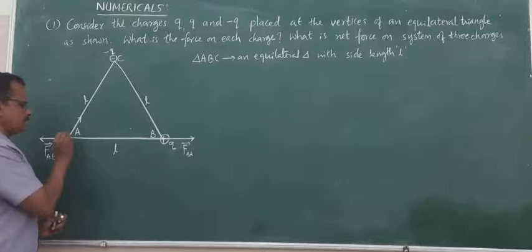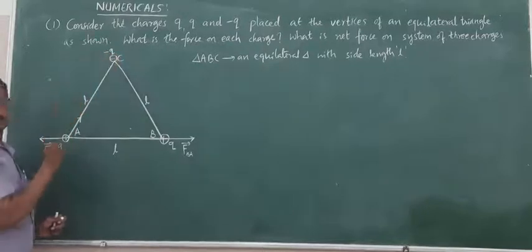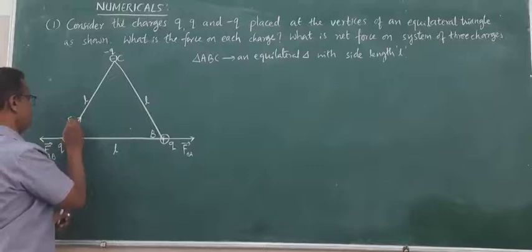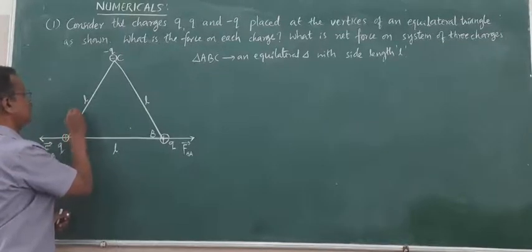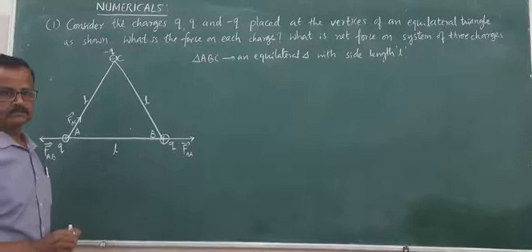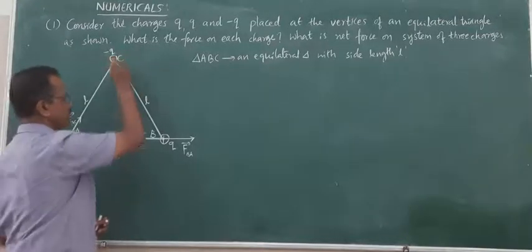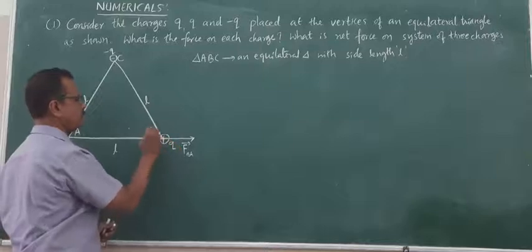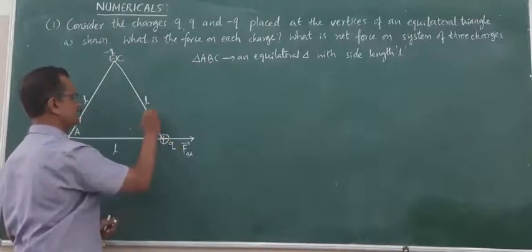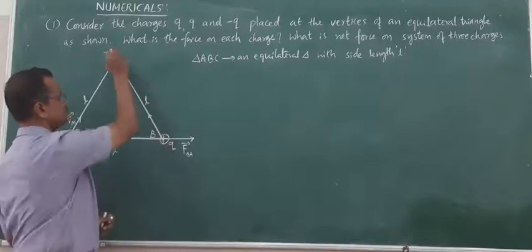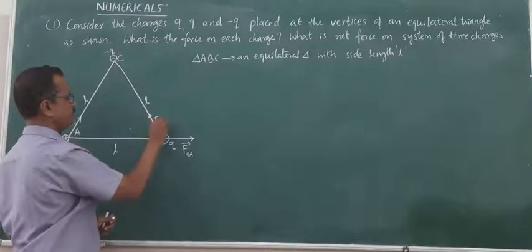Force on A due to C is shown by FAC towards C. That is on A. Now, in the same way, force on B due to C is again attractive force towards C. So it is also towards C. FBC.